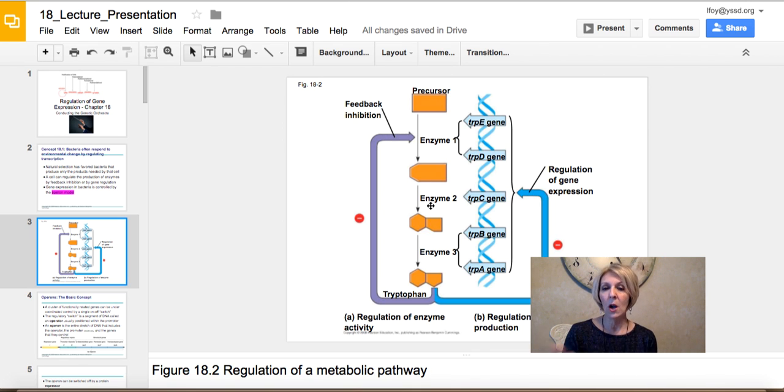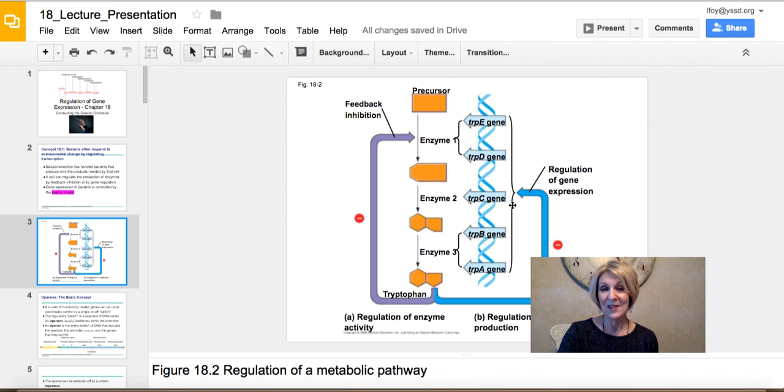So we're going to talk about the fact that bacteria need to produce tryptophan, and there are several different enzymes in this pathway that bacteria use to produce tryptophan. If they have a whole bunch of tryptophan, they don't want to keep cranking it out, so they can have a negative feedback that is a very quick response to alter one of the enzymes in the pathway to slow things down.